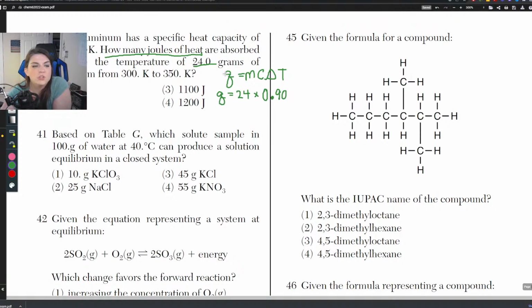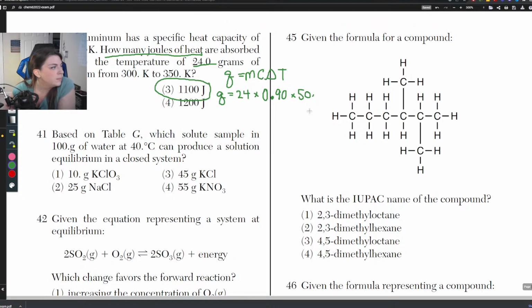It went from 300 to 350, so we multiply all of this by 50, because that's how much the temperature rose. 24 times 0.90 times 50 gives us 1080. That rounds to 1100 based on the rules for sig figs, because I can only have 2 sig figs. So it would be 1100.